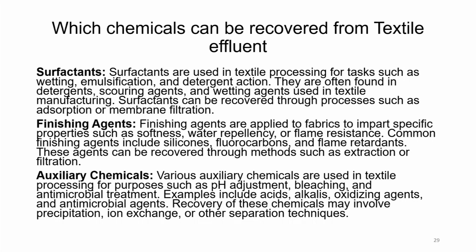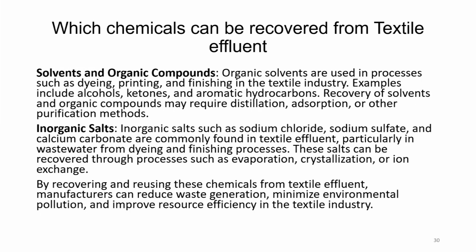Auxiliary chemicals. Various auxiliary chemicals are used in textile and they can also be recovered by pH adjustment, and therefore, acid, alkalis, oxidizing agents and antimicrobial agents can be recovered by precipitation or ion exchange or other separation techniques.